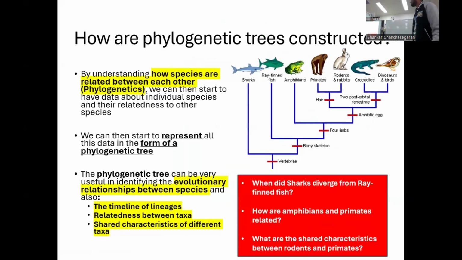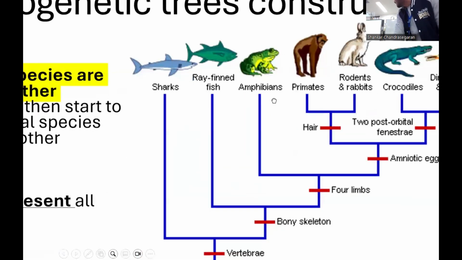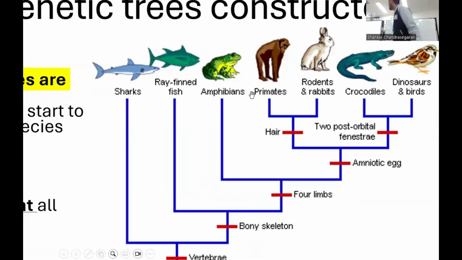Next question. How are amphibians and primates related? Amphibians and primates. Okay. If you look at it here, amphibians and primates live with each other. Again, go backwards, right? Keep going backwards, trace backwards to see where they would have related with each other.